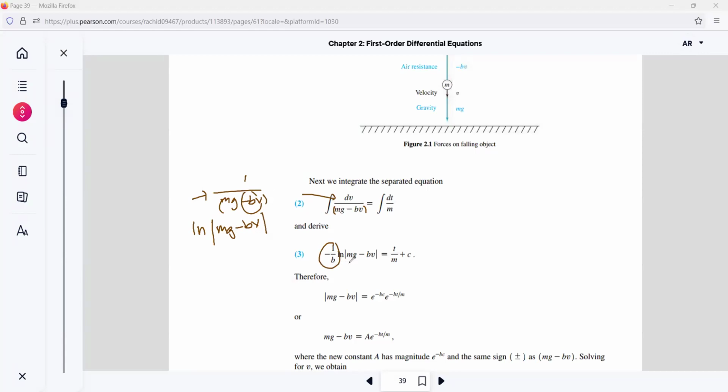Okay, so that gives us the left side, and the right side is just 1 over m dt, right? So that's just going to be t over m. And we have a constant on the left and the right. Here plus C1, here plus C2.